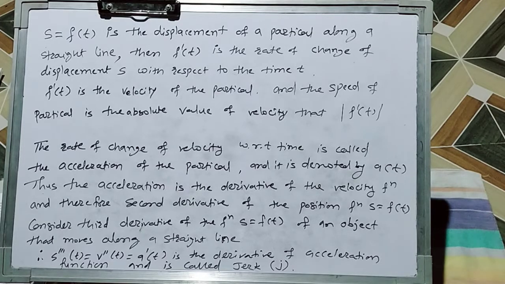So jerk is the third order derivative, velocity is the first order derivative, and acceleration is the second order derivative of the displacement of a particle along a straight line, or the position function.